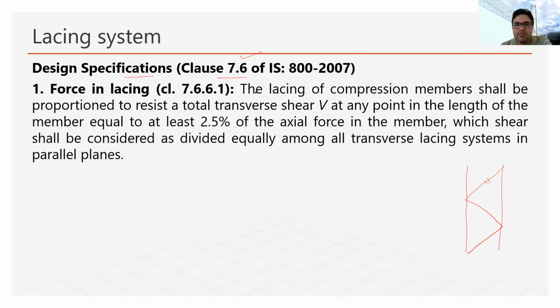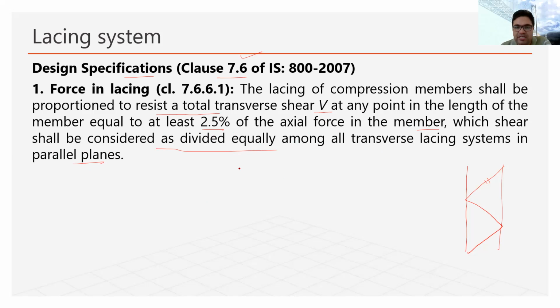Here it says the lacing of compression member shall be proportioned to resist a total transverse shear V, at any point in the length of the member, equal to at least 2.5% of the axial force in the member, which shear shall be considered as divided equally among all transverse lacing systems in parallel planes. I will explain what they are saying.